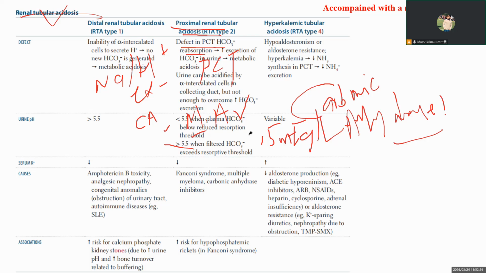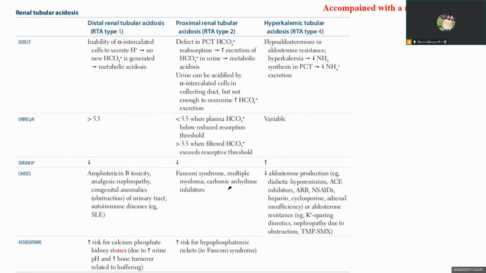In such a situation, the urine pH is more than 5.5. So this is one of the classic patterns we look for in type 2 RTA. The urine pH can be less than 5.5 when the plasma bicarbonate is below the reduced reabsorption threshold, and it can be more than 5.5 when the plasma bicarbonate is above it.